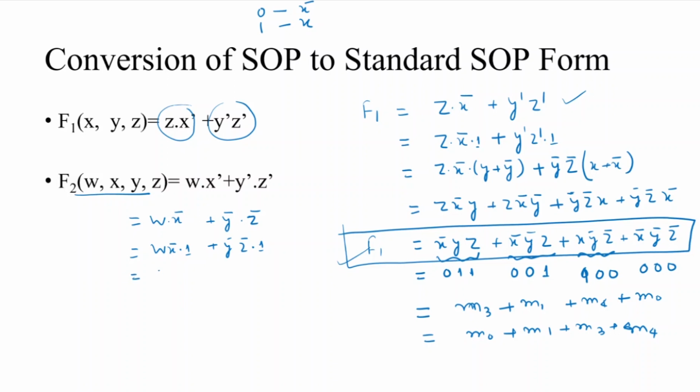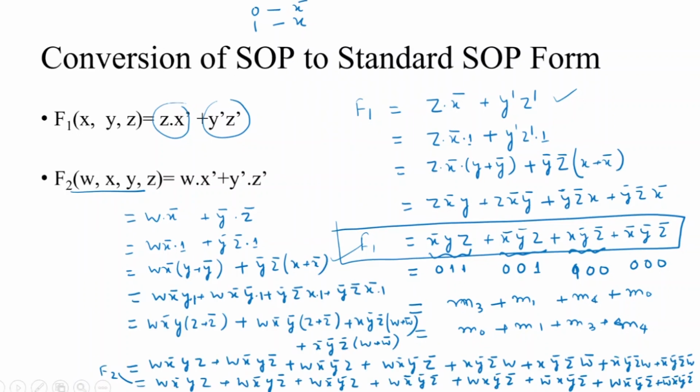So first we write w x complement, and 1 is written as y plus y complement. Similarly, in y complement z complement, x is absent, so we multiply by x plus x complement. That means this function f2 is converted into the form of standard SOP.